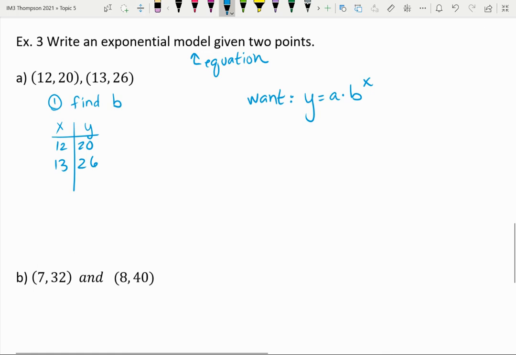I take 20 and multiply by what to get 26? I'm going to write an equation. This isn't the only way to do this, but I think it makes sense. 20 times what is 26? What is that common ratio? What am I multiplying by to get to the next number?